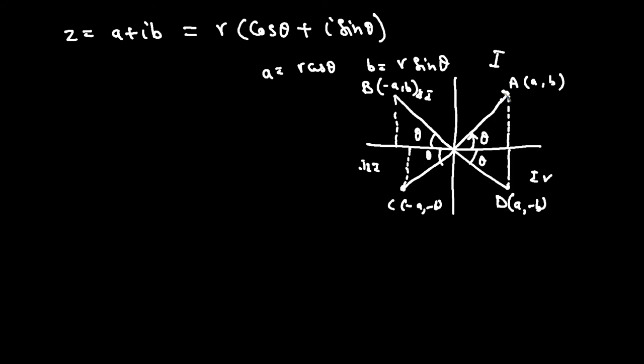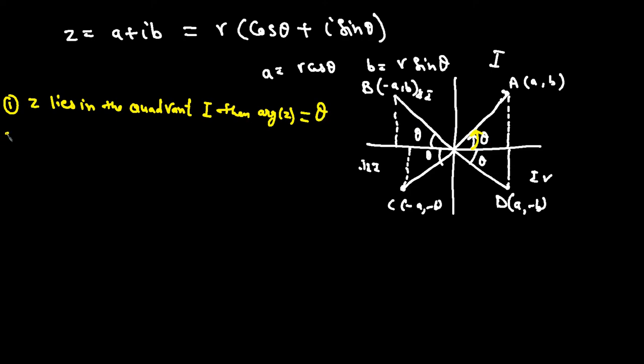So number 1: if the complex number z lies in the first quadrant, then the argument of that complex number is equal to this value here, this angle theta.